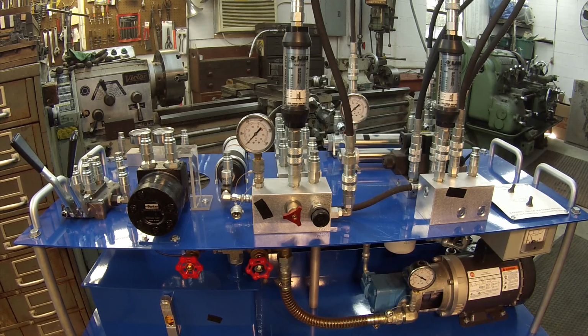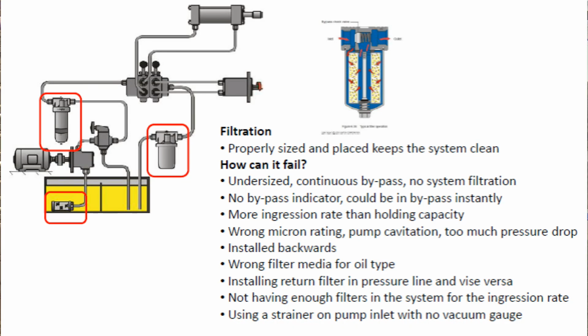All right, the next thing we're going to talk about is the filtration. Filtration is very important. Chevron did a study and determined that 75% of all hydraulic system failures are directly related to bad oil, dirty oil. So if you can add the right filters in the right places and get that dirt out of there, you'll be miles ahead.